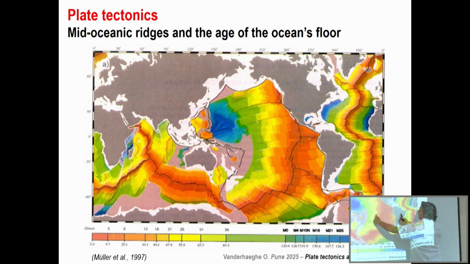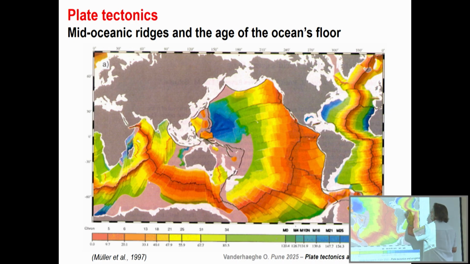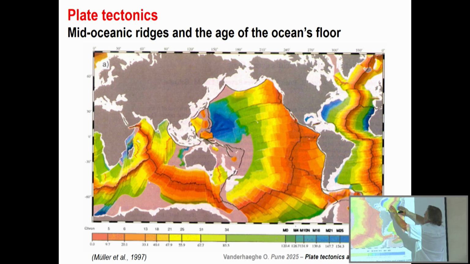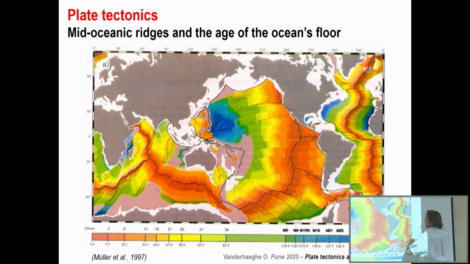Nevertheless, we have a map of age going from red, 0, to 200 million years in blue, and you see the symmetric distribution of colors, ages, relative to the mid-oceanic ridges. And for the Atlantic, it's very nice, symmetric. The oldest are on the margins, the North America and Africa margins.